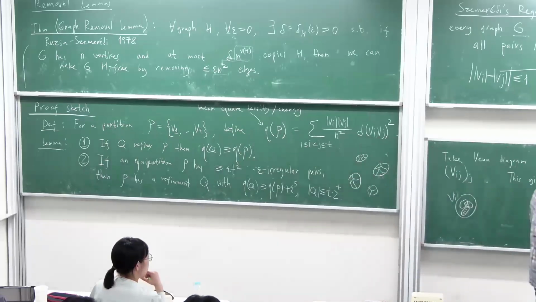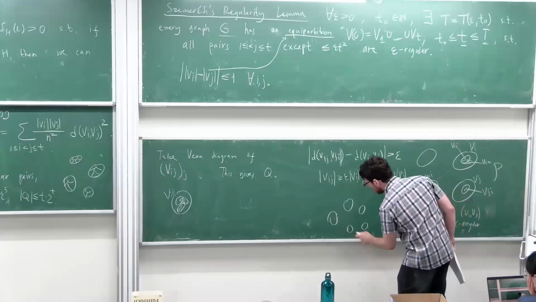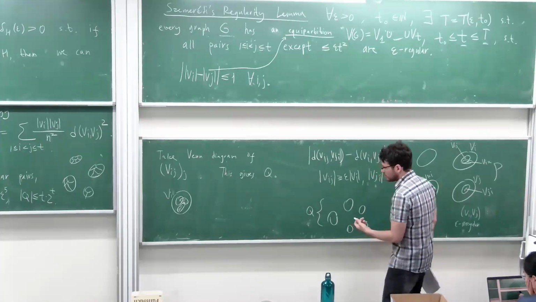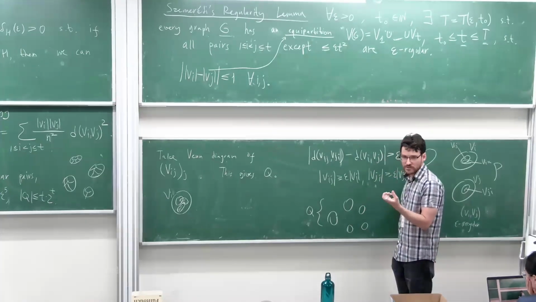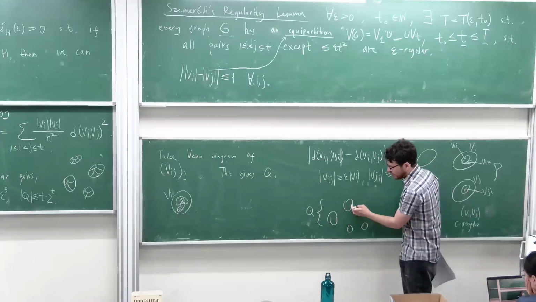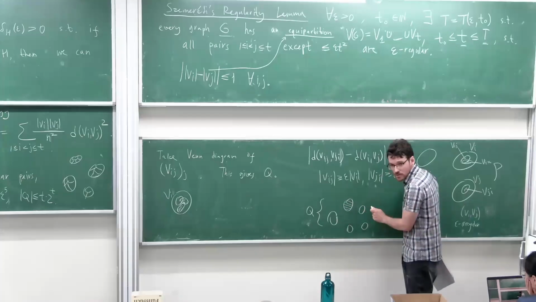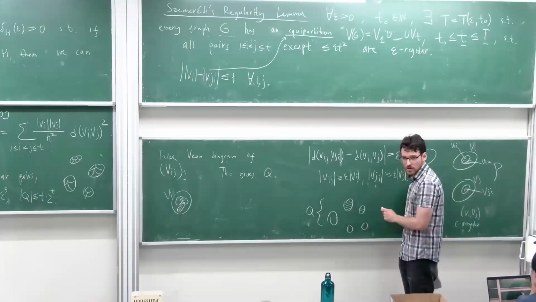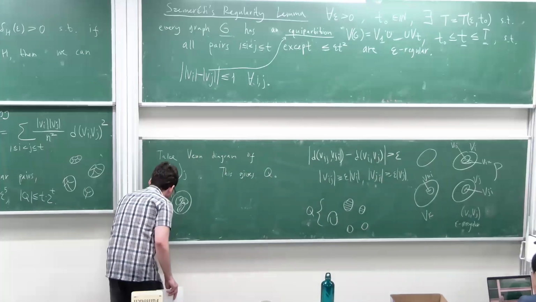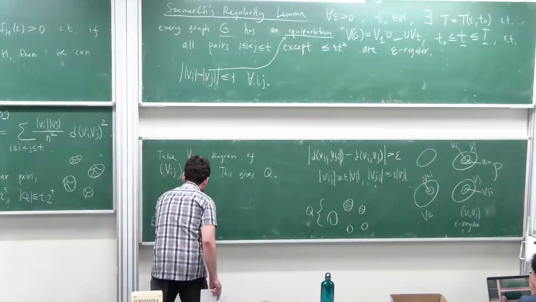But since you asked, the way this works, you get Q. And the way you make it an equipartition, you choose what the size of the part is going to be. Then you just chop up these parts into this size. So you divide them into equal size parts. So an extra step, I'll just write it.